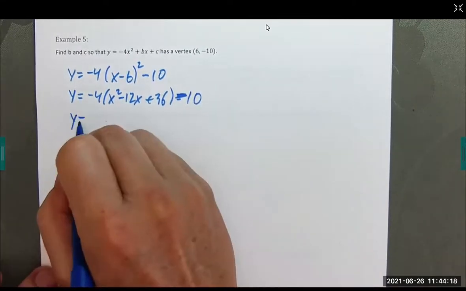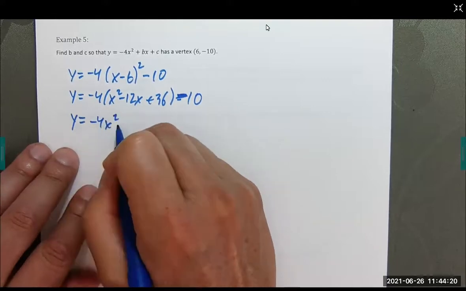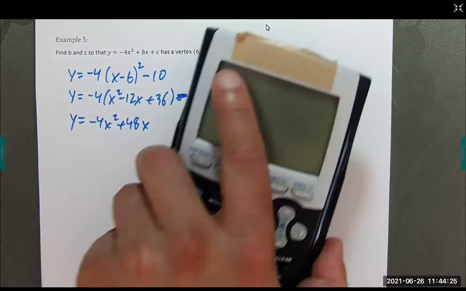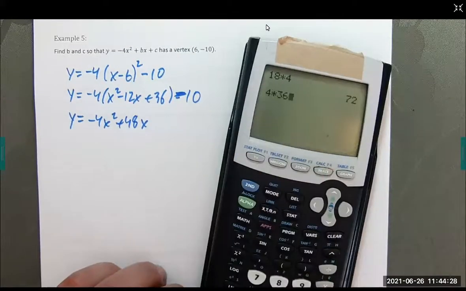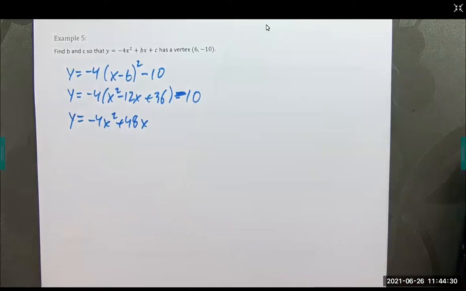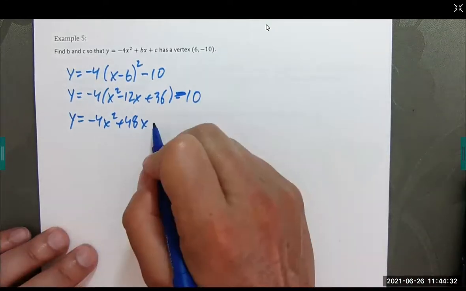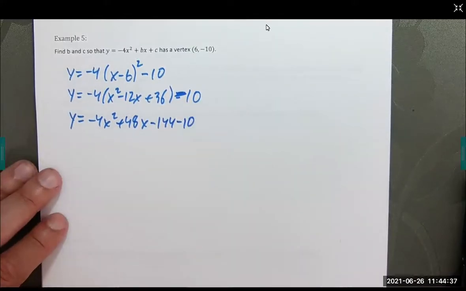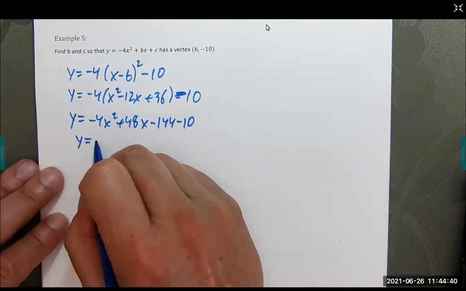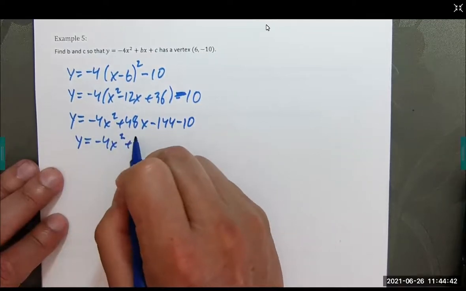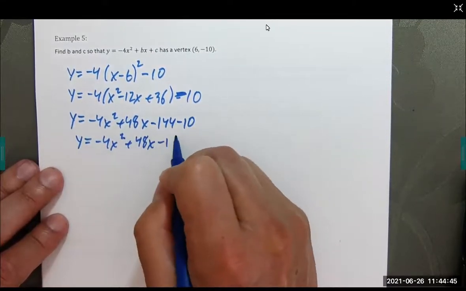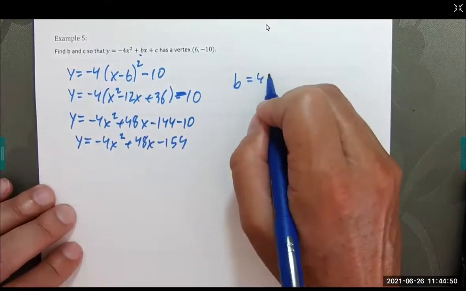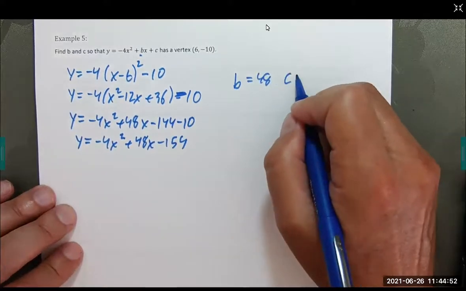Distribute. Four times 36. I don't know what that is. 4 times 36. Minus 144. Minus 10. That leaves us with y equals -4x squared plus 48x minus 154. So B in this case is 48. And C in this case is the -154.